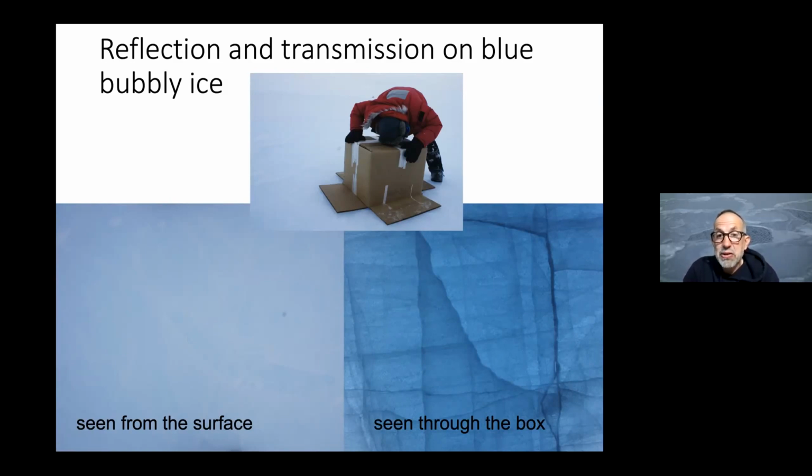This is called blue ice, it's in Antarctica. And we see already that when light is reflected, then the ice gets whitish, and when it's transmitted, then we can see certain structures.